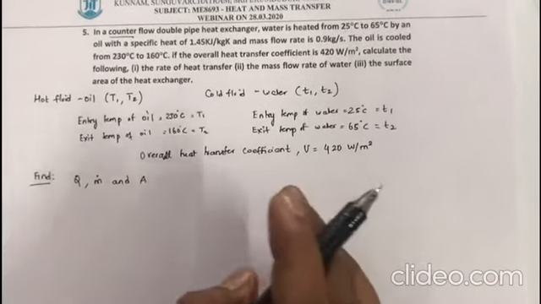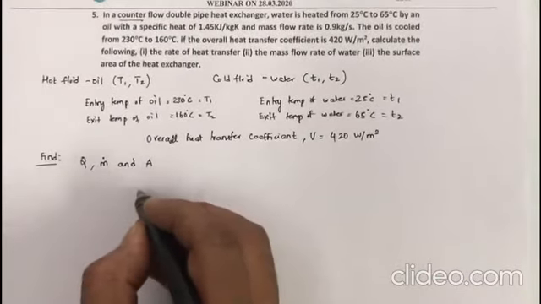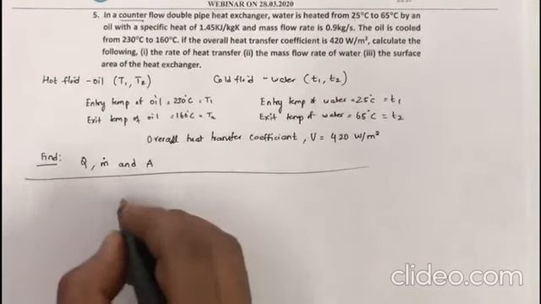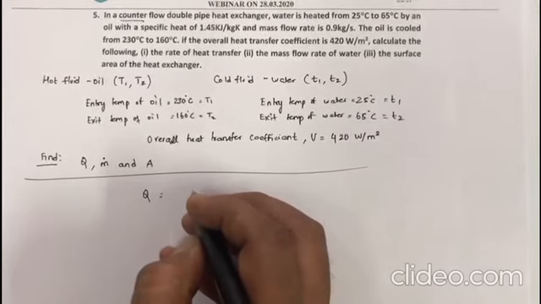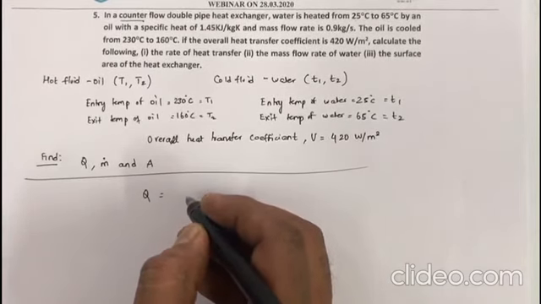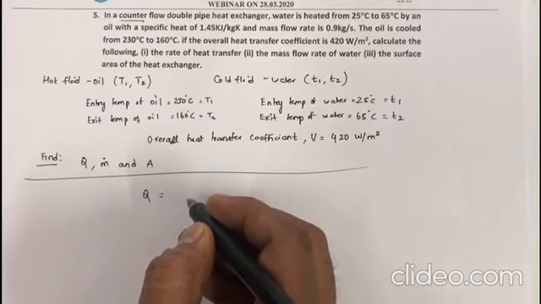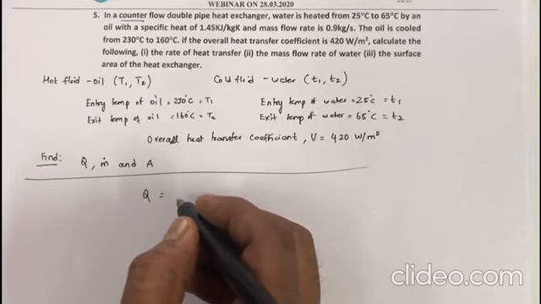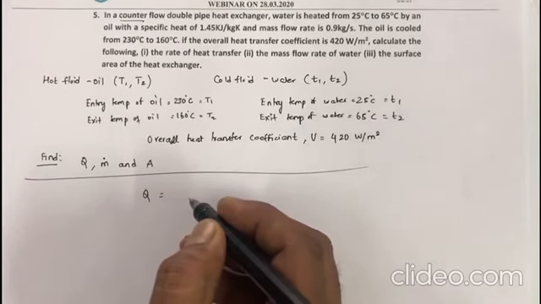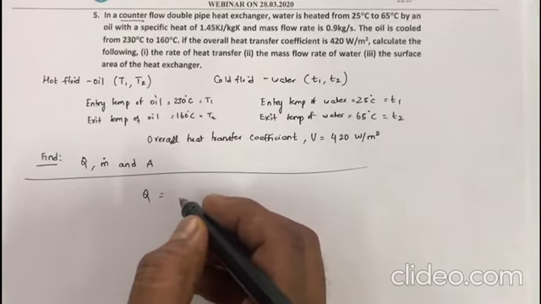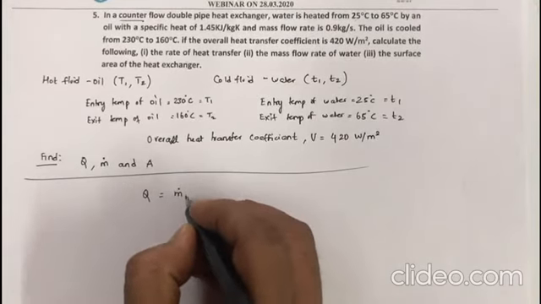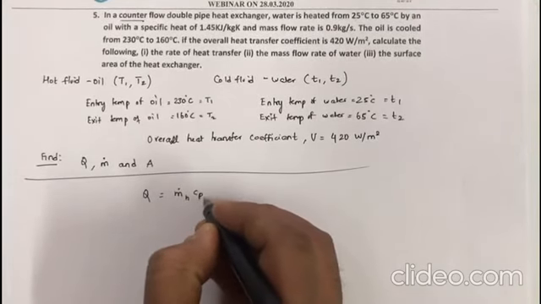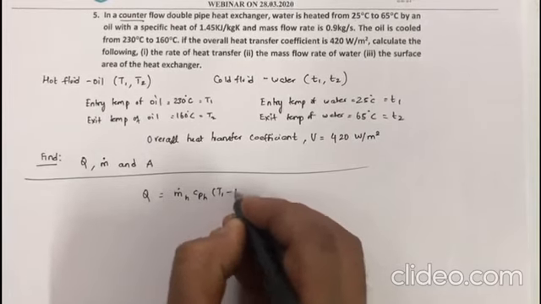Alright, so now we all know heat transfer Q has three relations. The first one is m dot into h, and another one is UA delta Tm, and there is another one which is hA delta T, and here the most popular one, m Cp delta T, which you would have learnt in your physics.